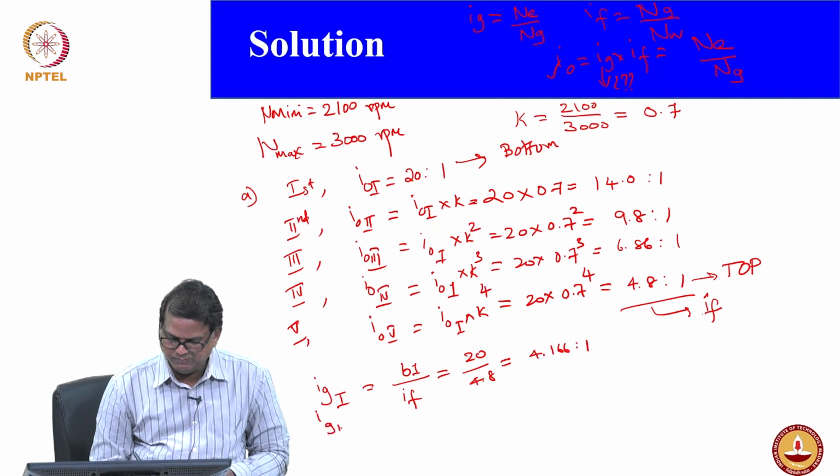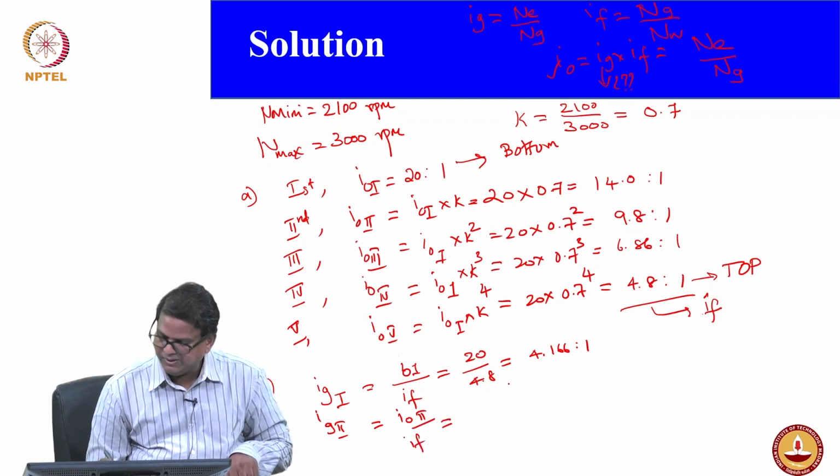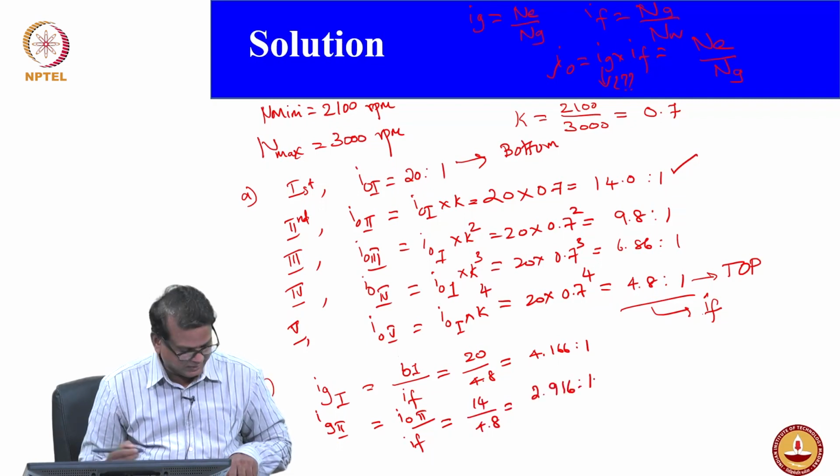Your Ig2 is IO2 by If, what is the value? 14 by 4.8 gives me 2.916 is to 1.